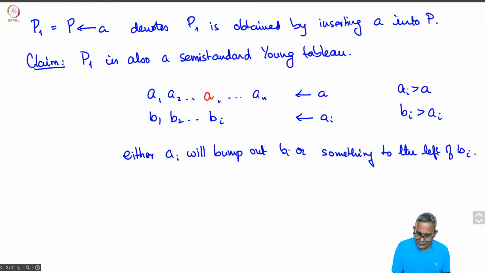And that means that what we get in the entry below A will be strictly greater than A. And therefore, the new tableau will still have strictly increasing columns.